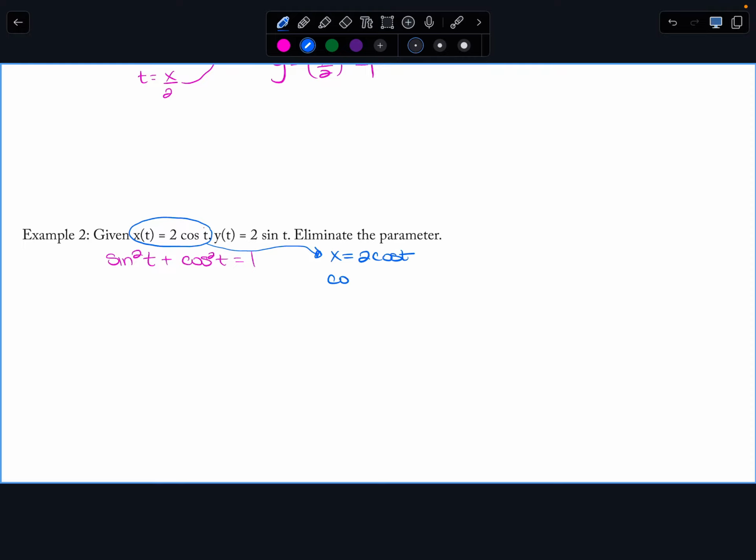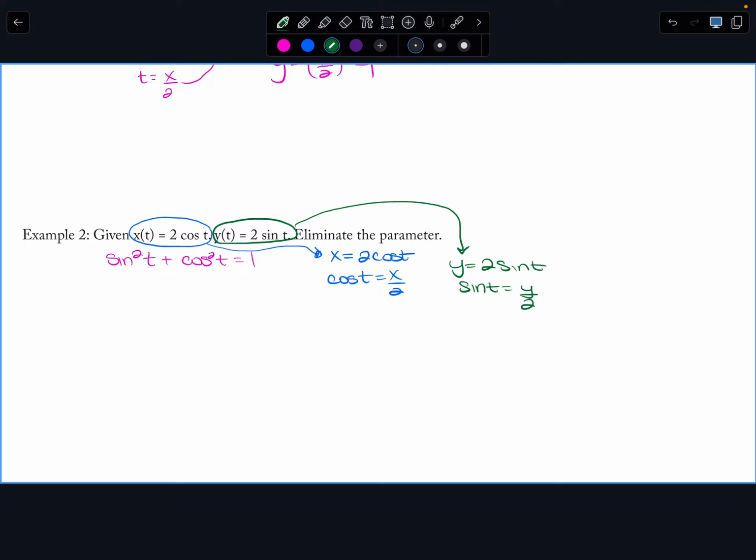So I get cosine of t equals x over 2. I'm going to then take my y equation: y equals 2 sine of t. So then sine of t equals y over 2.